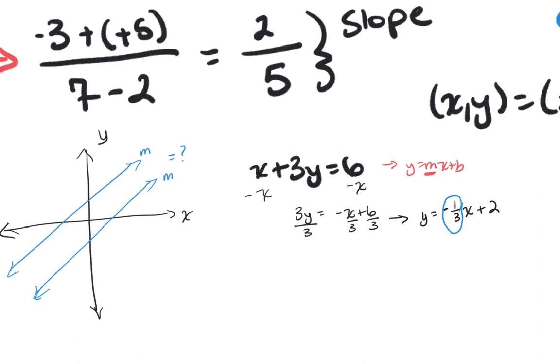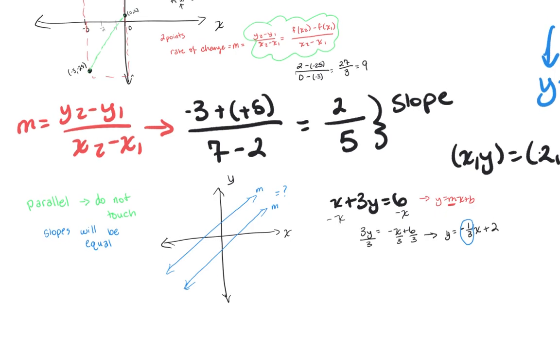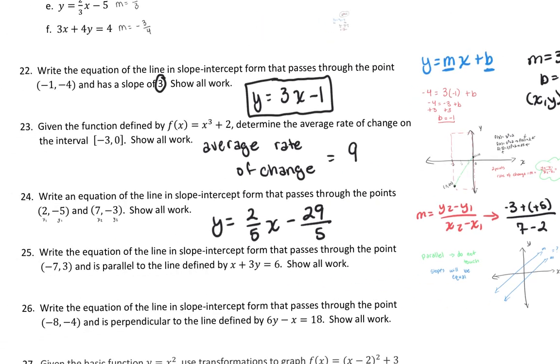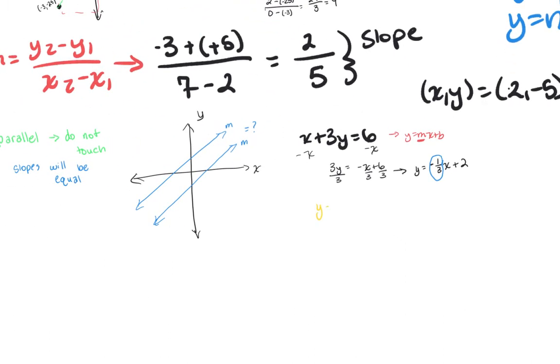Because these two lines are parallel, we know that the slope of our line is also negative 1/3. And then we also know this point right here. This is just kind of like how number 22 was, where we are given a slope and we are given a point. y equals mx plus b.